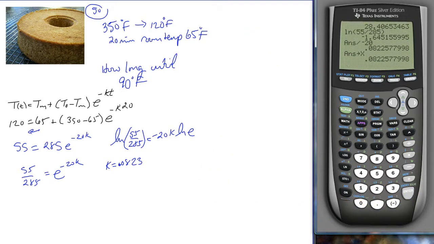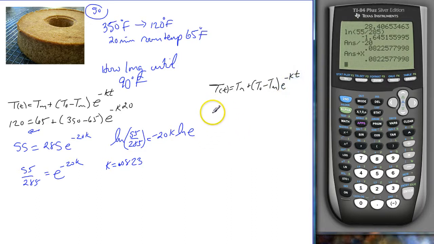So when I redo the problem, what I'm really looking for is when is it going to be 90 degrees? So, got my equation, T of t equals Tm plus T initial minus Tm, e to the negative kt.